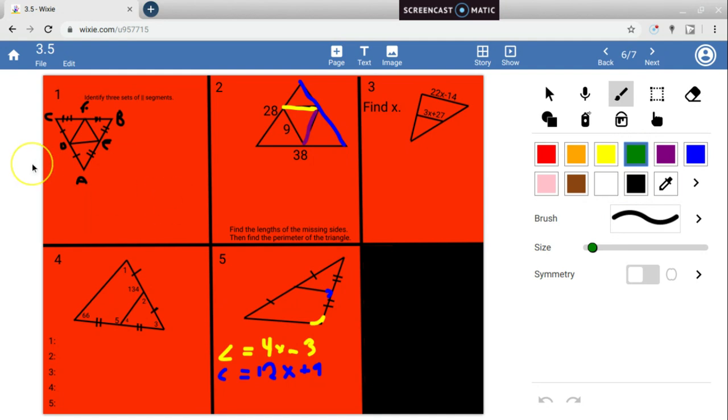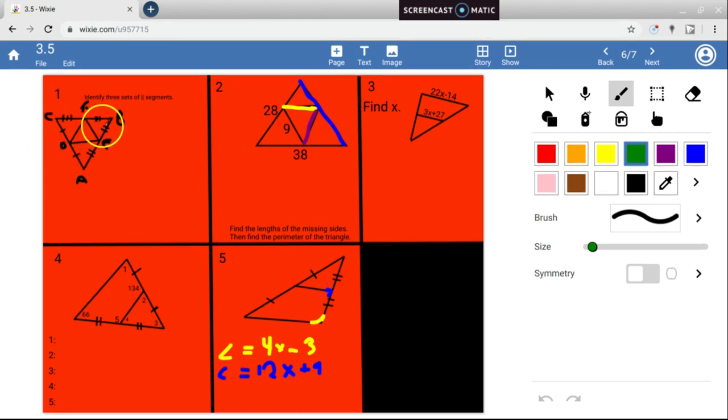So the parallel ones. Well, first, let's look here. Well, we see all these markings right here. Well, the one that's across from it is going to be parallel, going back to the theorem we just went over. So these would be parallel, even if they don't look like it, because that wasn't a very good drawing. So we can say CB. Okay, that is not good.